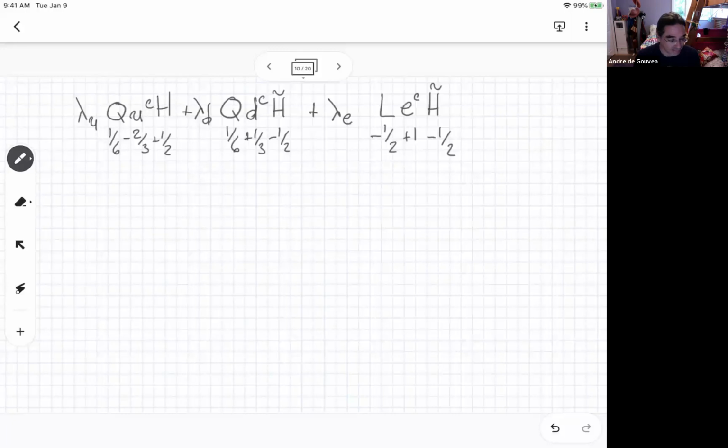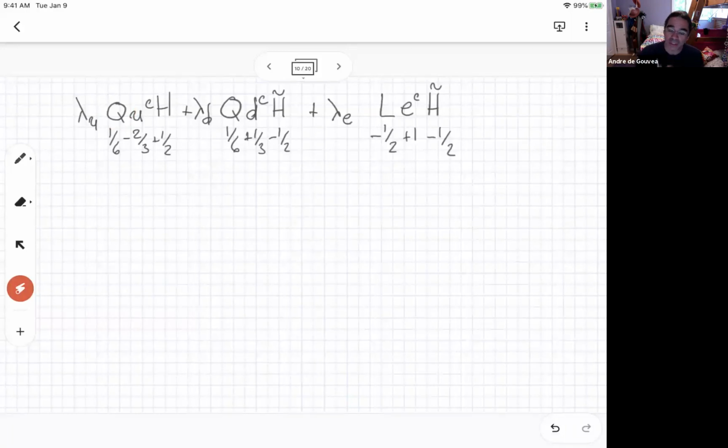So basically the challenge here is the following. I have a bunch of doublets amongst my fermions: the Q is an SU2 doublet, the L is an SU2 doublet, and then I have the Higgs, which is also an SU2 doublet.